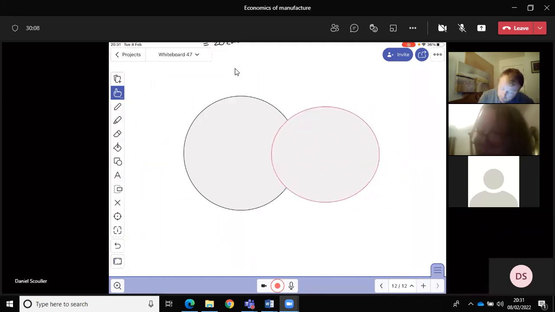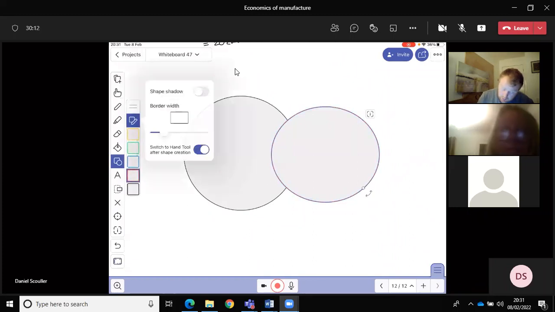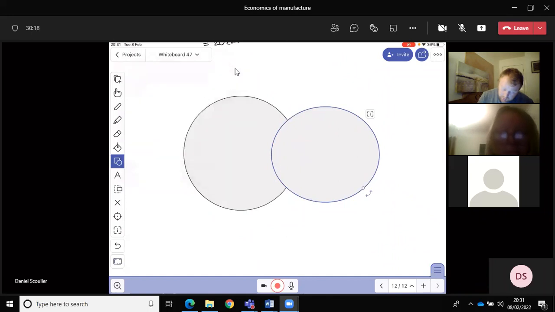Okay, so we've got 2 circles that overlap. Okay, and they'll give you this length. Draw a straight line out of this.